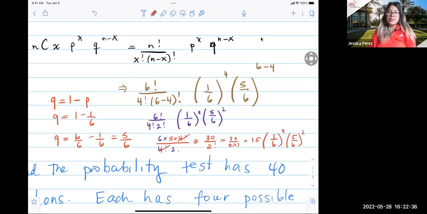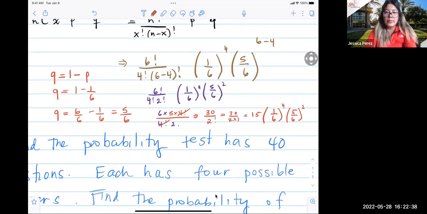So in this case, you just use your calculator. I'm going to punch this on my calculator. You are allowed to use a calculator for your test. So you're going to say, what is 15 times 1 over 6 raised to the 4th, times 5 over 6, a fraction, raised to the square.